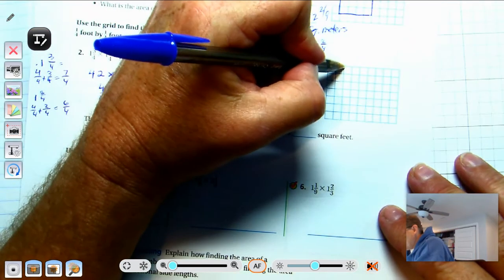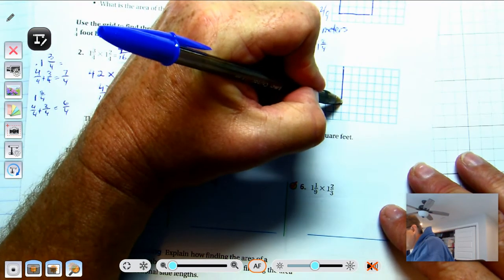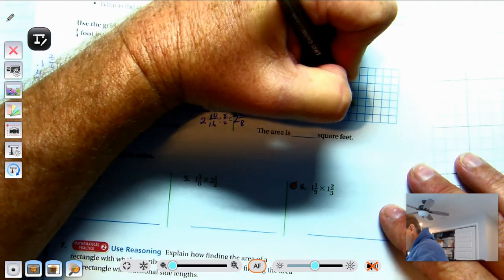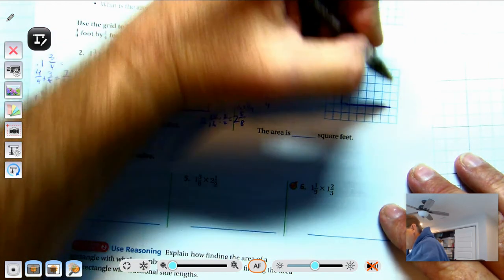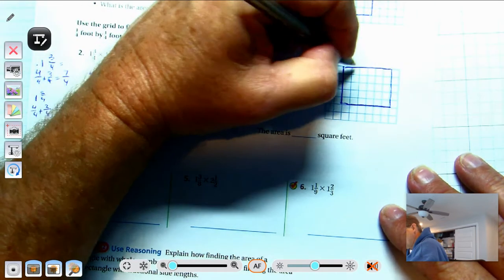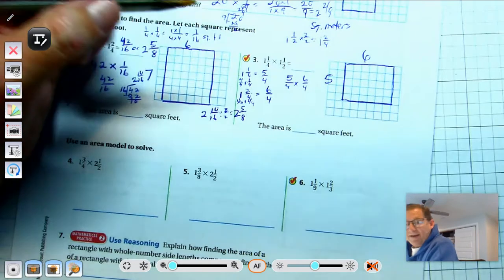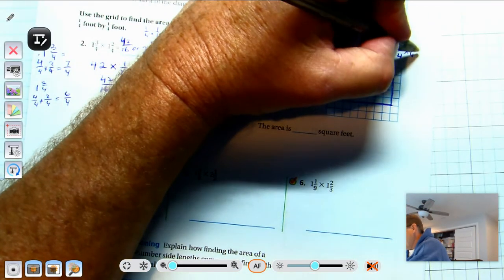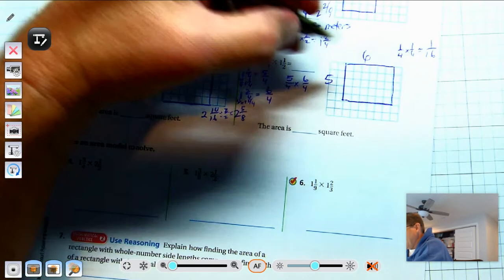So 5 by 6. All right, and each of the squares again is 1/4 by 1/4, which is 1/16.